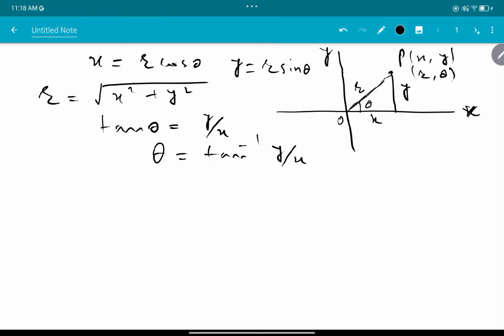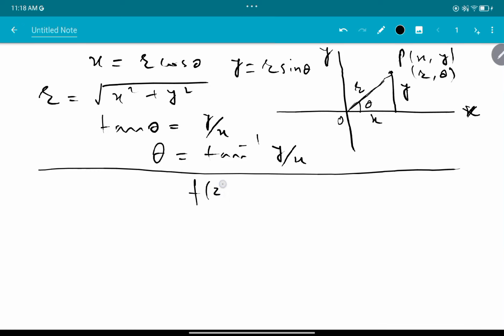Keeping these relations in mind, we will be using them. Let us go now to the expression of CR equation in terms of polar coordinates. For that, consider a function, say f(z). z is a complex number, and z can be written as x plus iy.